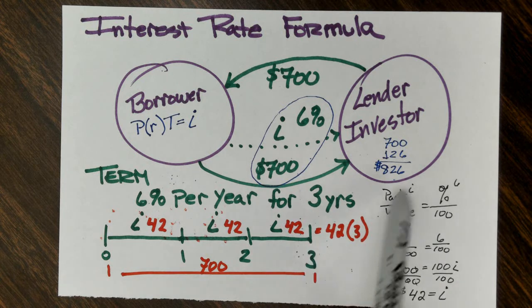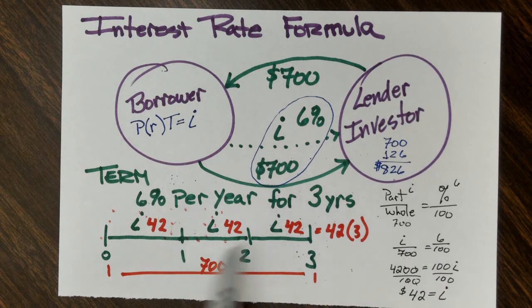Or if you just leave the money in the bank, the first year you will collect $42 and you'll have your $700 in there. Then the following year the bank will pay you another $42, and the year after that another $42. And this will happen as long as you keep that $700 in the bank.